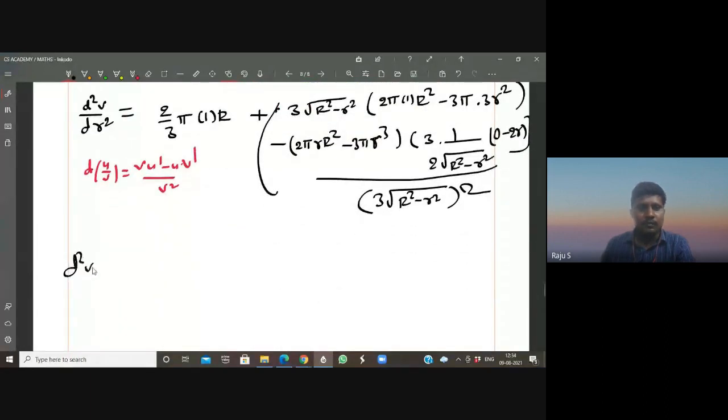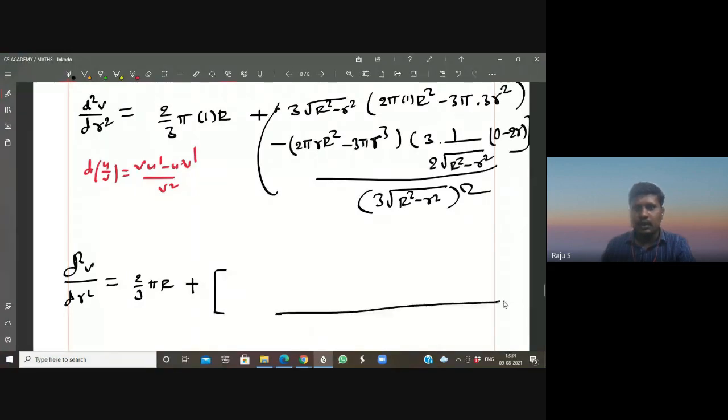So d square V by dr square is equal to 2 by 3 pi capital R plus, here the denominator is 9 into capital R square minus small r square. Okay students, here now 3 into root over capital R square minus small r square bracket. So 2 pi capital R square minus 9 pi r square. Okay, now minus, minus to minus plus, am I right?